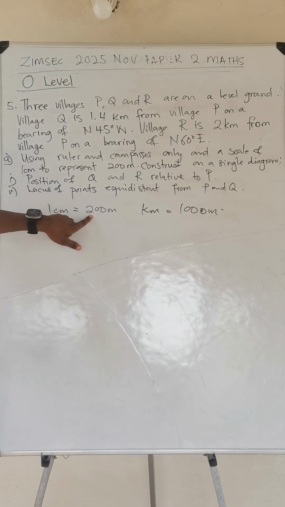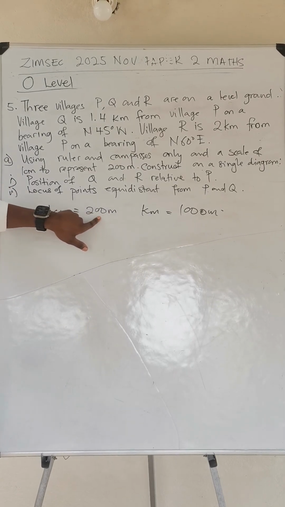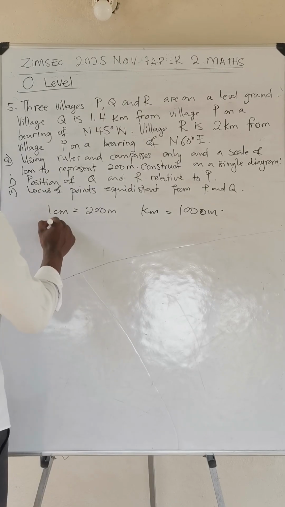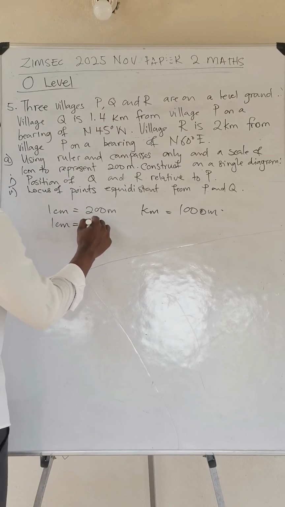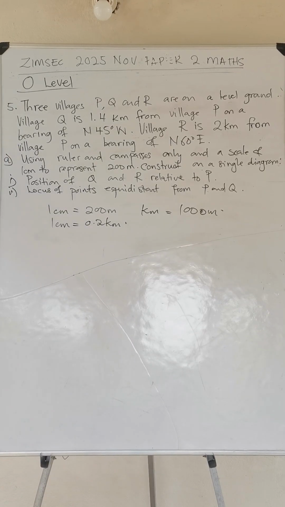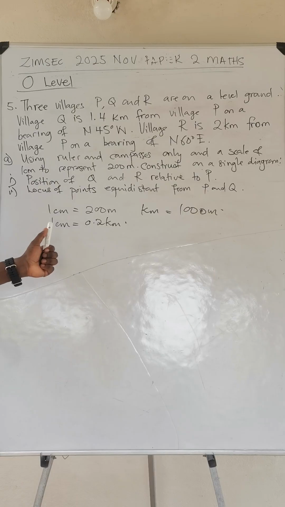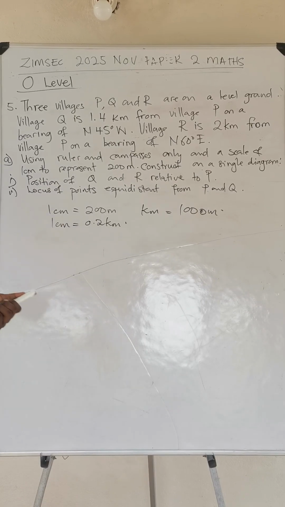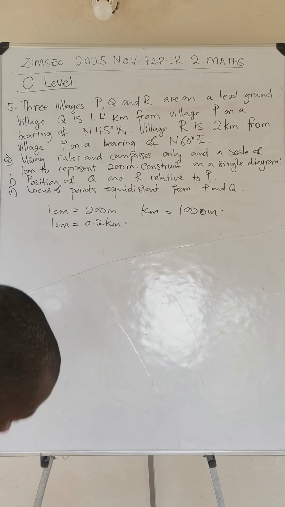Therefore, in 200 meters, there are how many kilometers? It means our 1 centimeter is equivalent to 0.2 kilometers. So our scale is like this: 1 centimeter on paper represents 0.2 kilometers on the ground. Okay, so we have to convert this.